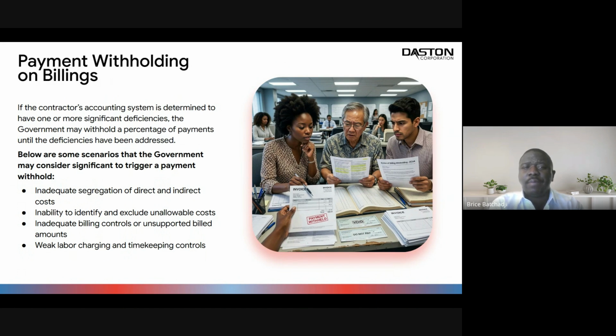This generally happens specifically around the inadequate segregation of direct and indirect costs, right? For example, if looking at your invoices, you're charging certain costs direct that should have been indirect, or vice versa, then it essentially tells the government that you could be submitting inaccurate invoices, which could be a huge issue.